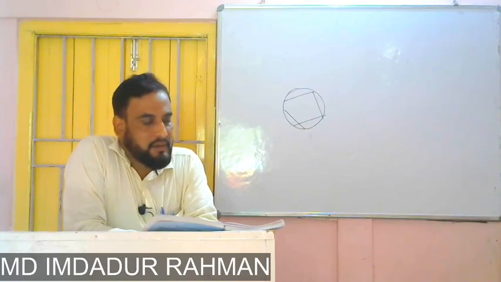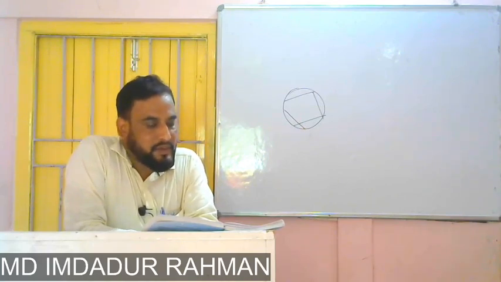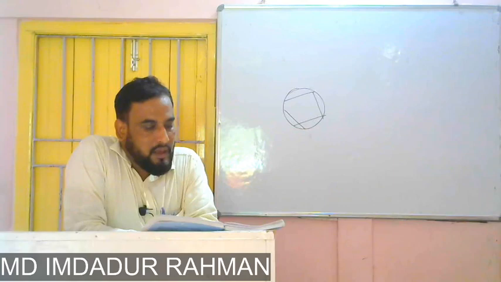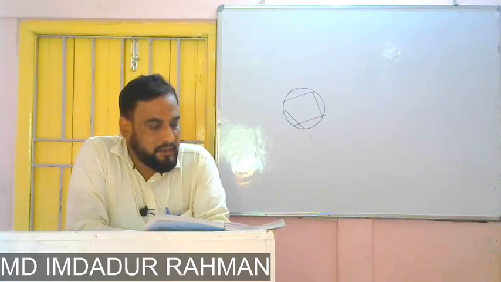It is false. A chord of a circle which is twice as long as the radius is the diameter of the circle. True.